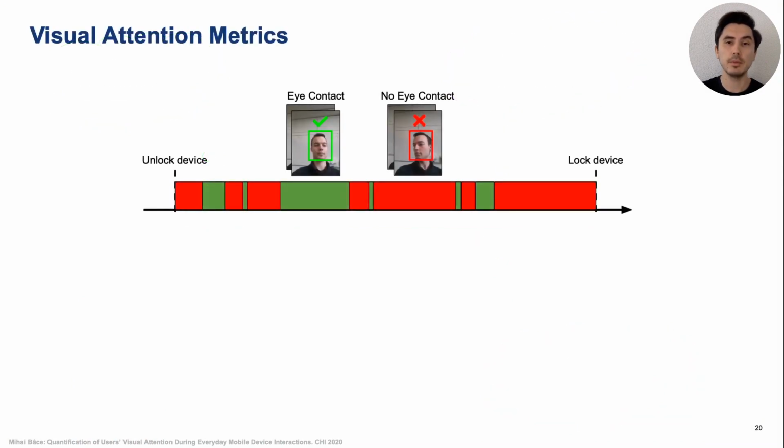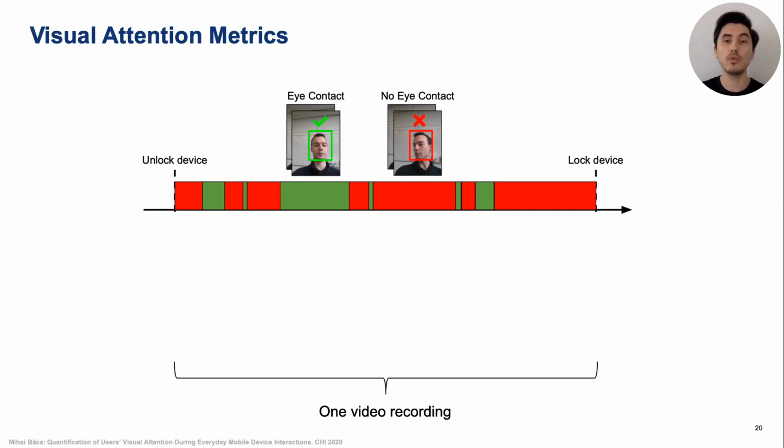From eye contact labels, we extracted several higher-level visual attention metrics. These metrics are for one video recording, which begins from the moment a device is unlocked until the device is locked back again or goes into standby. In this figure, green represents eye contact, red no eye contact.